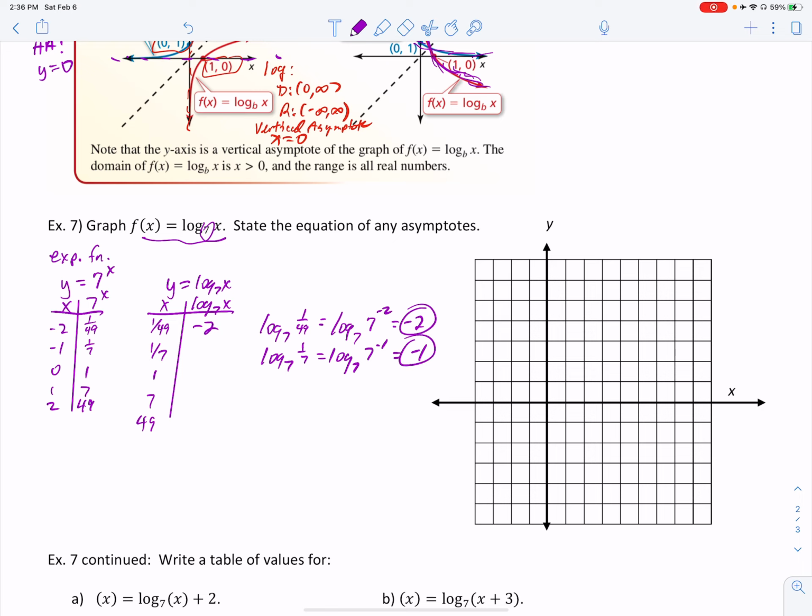So the answer to that's -1. Notice that we've just taken these first 2 points and they've switched places. So then we'll have 1, 0, 7, 1, and 49, 2. And those are points on the inverse.